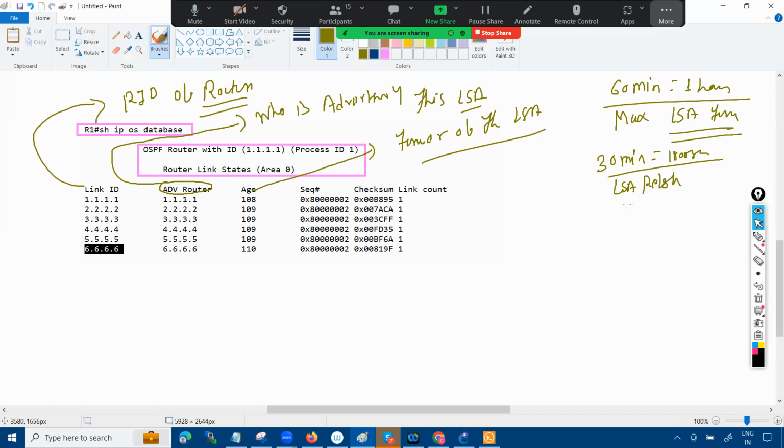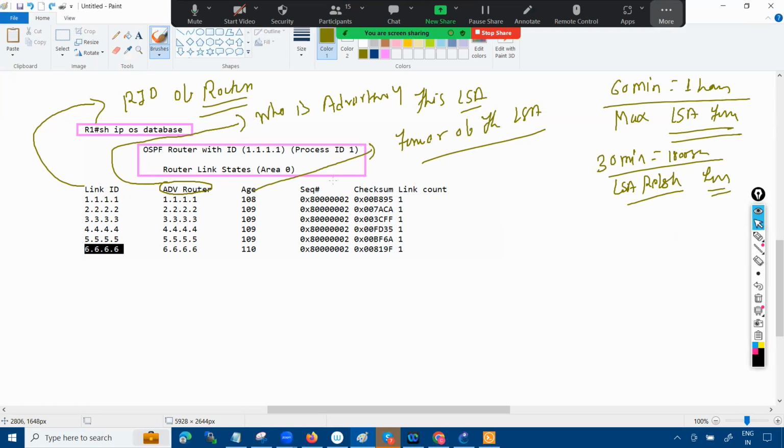So the LSA will be refreshed every 30 minutes. If somehow the LSA is not refreshed in the 30 minutes, then after 60 minutes this information will be flushed out from the database table.